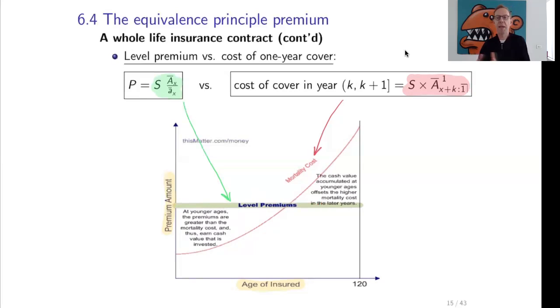If we get older, the premium is still constant, but the cost for that 1-year cover is higher. How can the insurer pay that? Because in your savings account, in the early years, there was a surplus. So your savings account was increasing in value from year to year until here. And from here on, what the insurer takes out, the insurance benefit, is higher than what you pay in. So gradually, the savings account is going to level 0.